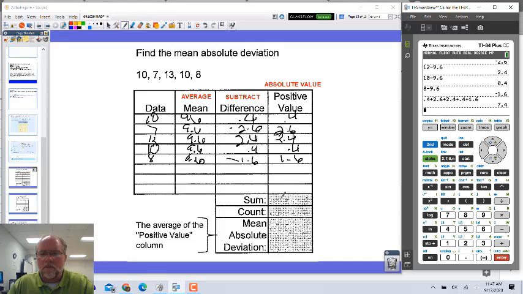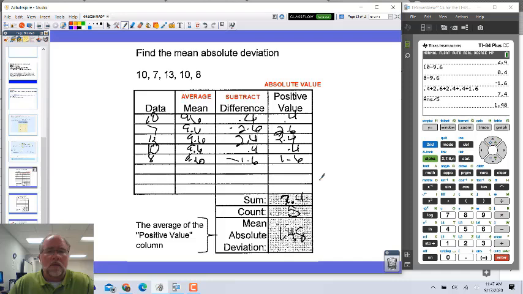That gives me a sum of 7.4. Now we're going to take that value, 7.4, and divide it by 5, because there are 5 data points, which is our count. And then the mean absolute deviation is 1.48, and that's all there is to it.